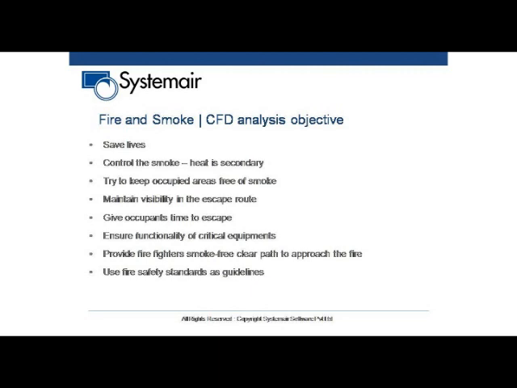Most casualties occur due to choking from inhalation of smoke, and not many due to heat. So we need to ensure that the smoke movement is not in the escape path, and also that firefighters can come later and extinguish the fire.